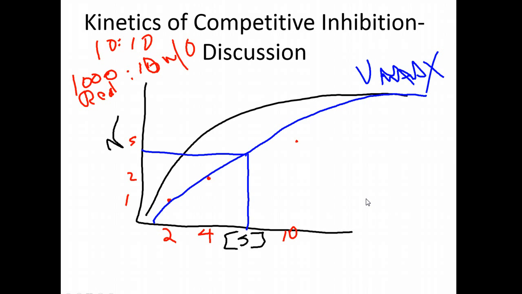What's the probability of him grabbing a box with a lid? 1,000 out of 1,010. Okay? So we can overcome competitive inhibition by adding more substrate. True substrate. The boxes with the lids are the substrates. The boxes without the lids are the fake substrates.